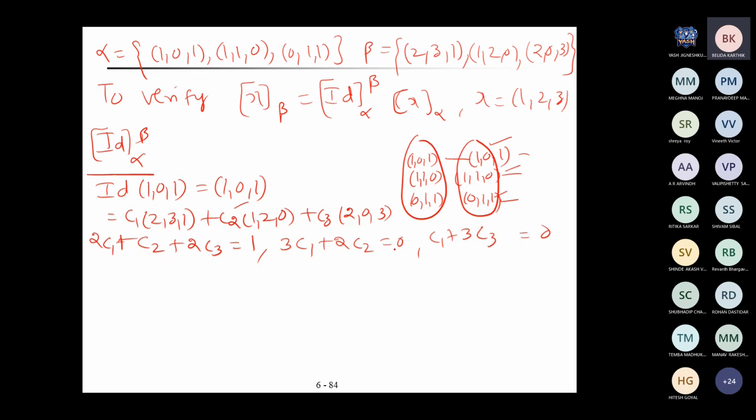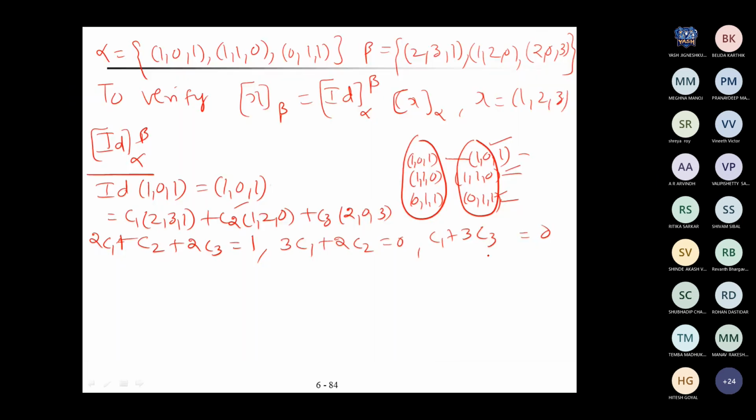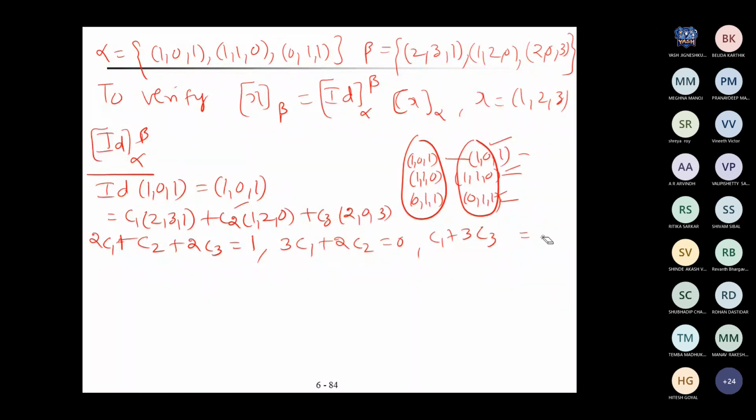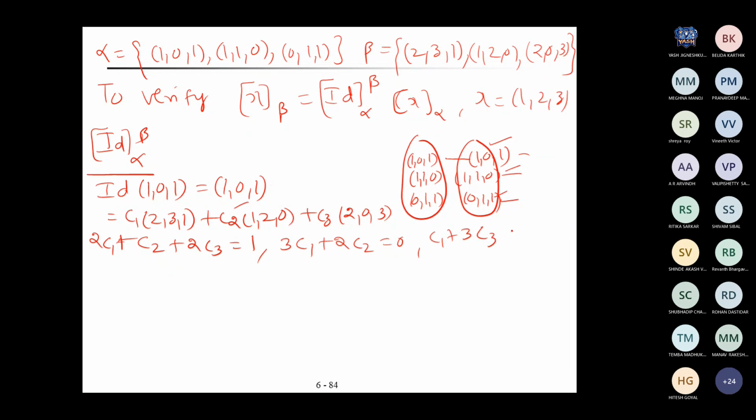So both C2 and C3 can be represented in terms of C1. This implies C2 is minus 3 by 2 C1 and C3 is 1 minus C1 by 3. Everything, both C2, C3 represented in terms of C1. Now substitute it here.